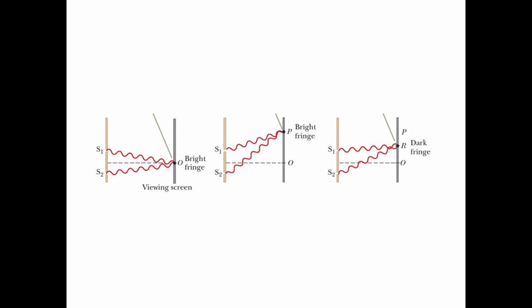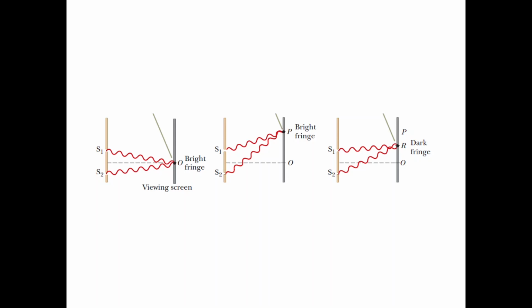The electric field vectors are of equal magnitude but in opposite directions, and as a result we get a dark fringe. There is no visible light in this area. So if we consider not a point but a plane, we end up with dark and bright fringes, which were shown on the previous slide.